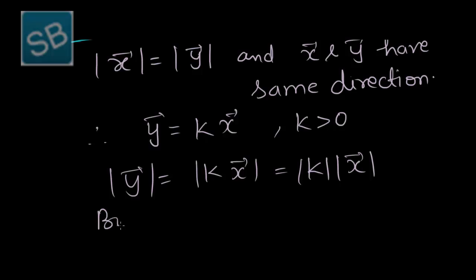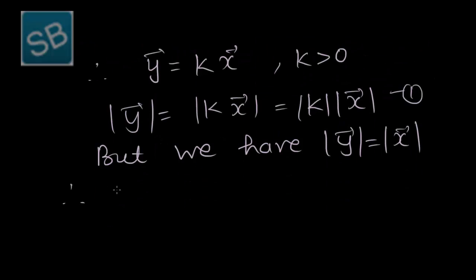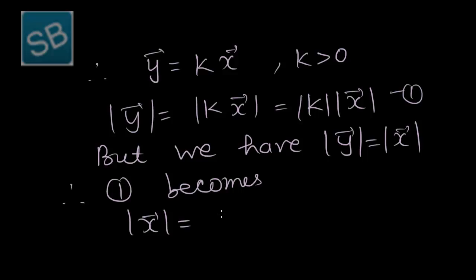But we have magnitude of vector y is equal to magnitude of vector x. Therefore, equation number 1 becomes magnitude of vector x is equal to modulus k into magnitude x.